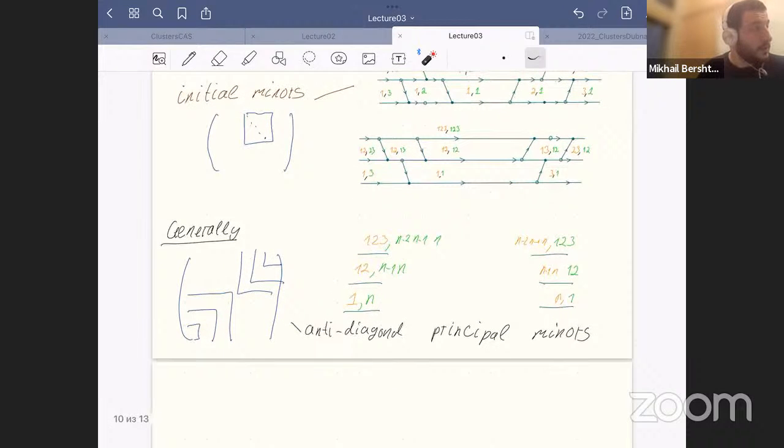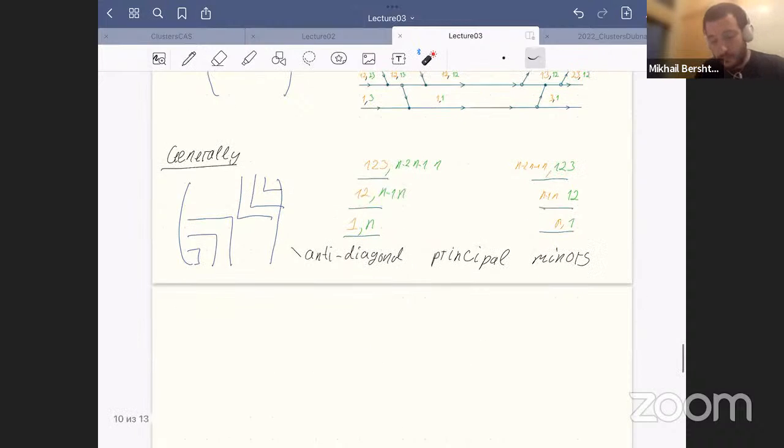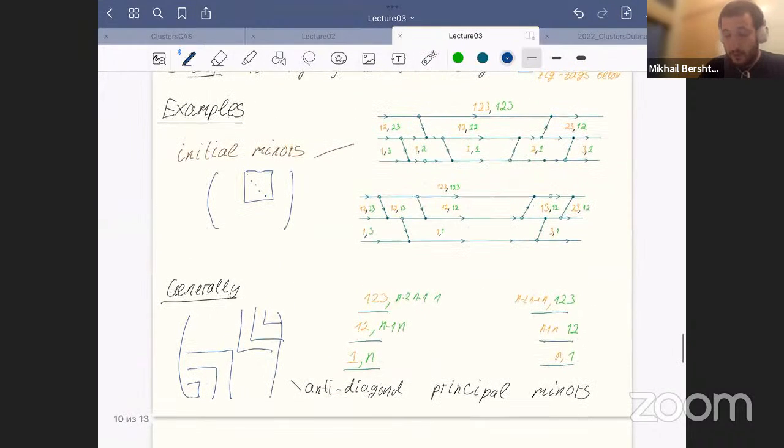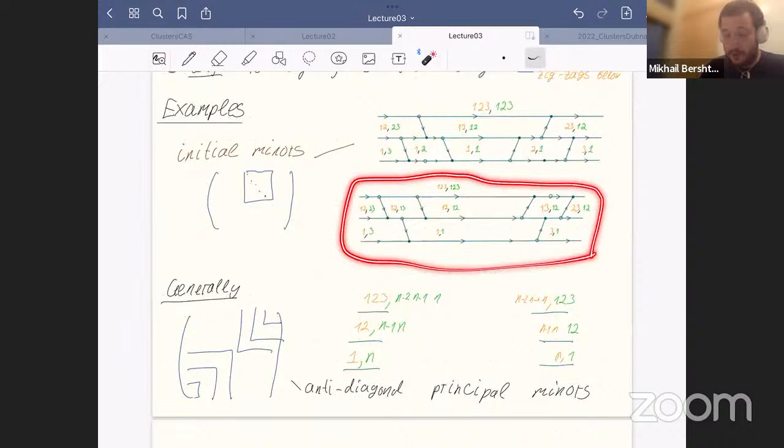Now let us discuss one more thing. How many minors do we have? How to compute, for example, how many minors do we get here?